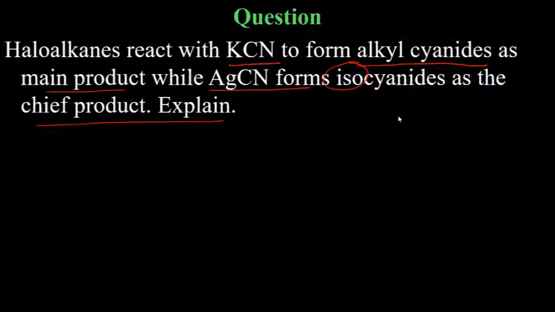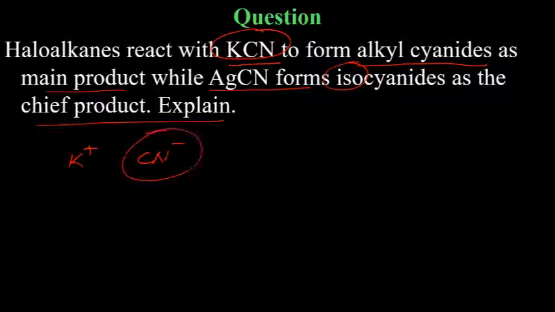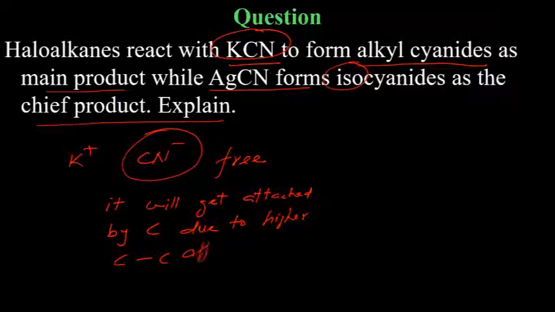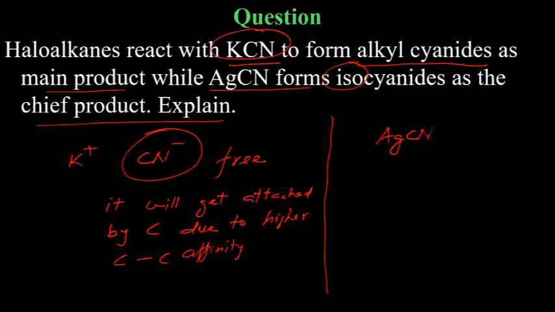Okay, the reason is KCN is ionic. So K plus and CN minus, and CN is free. When it is free, it will get attached by carbon due to higher carbon-carbon affinity. In case of AgCN, there is no ionization.